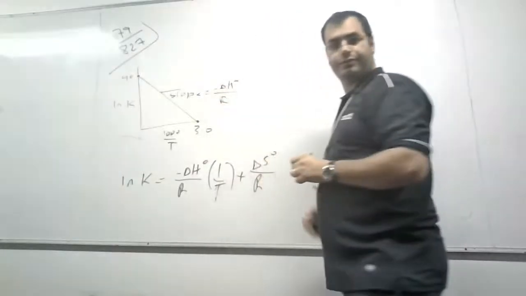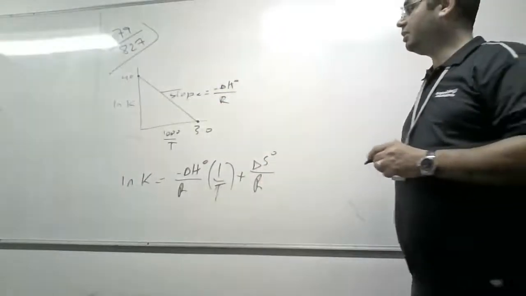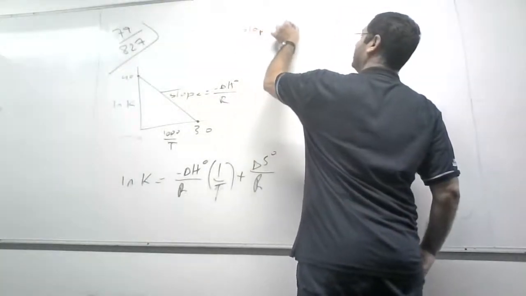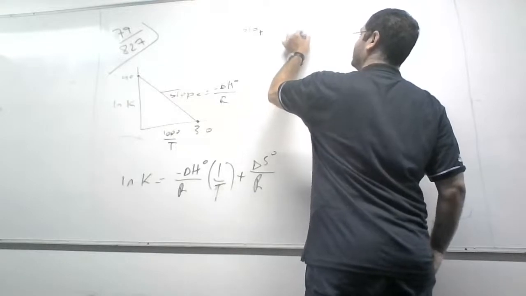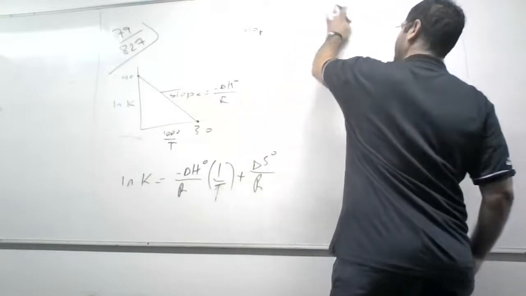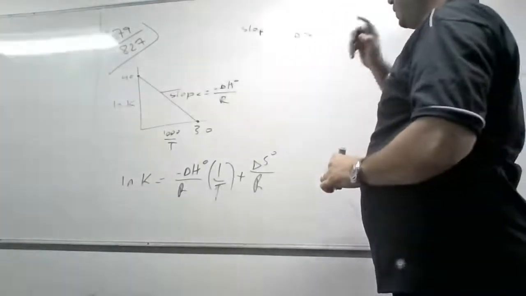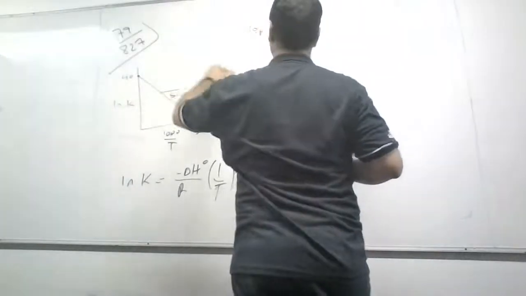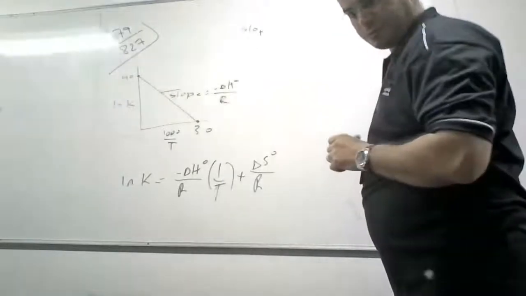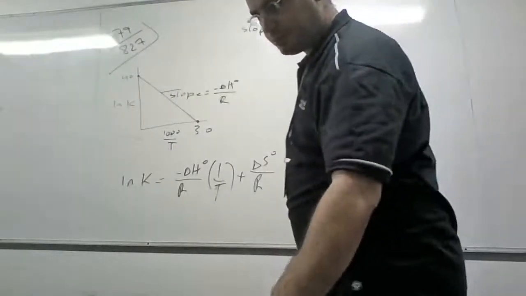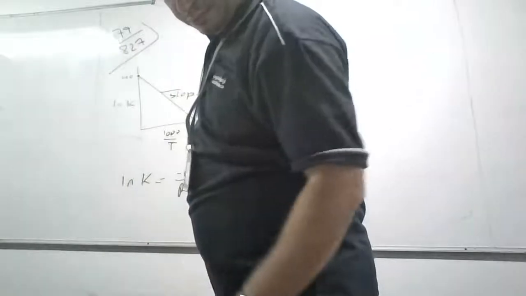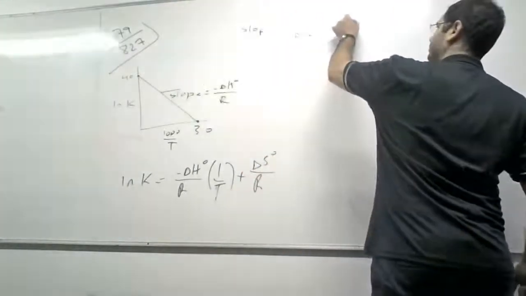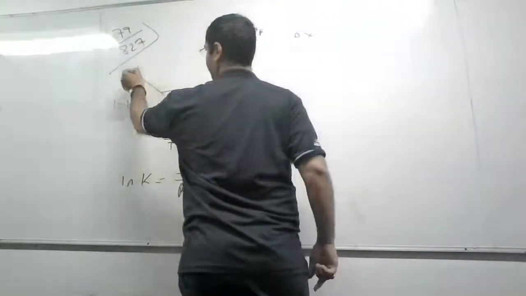Over R. So what's the slope? Do some math today. Delta y over delta x. Let's say I will take 0 minus 40, two significant figures.